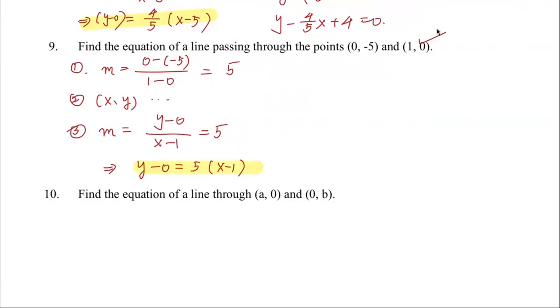And then we move everything to the left. y minus 5 times x minus 1 is equal to 0. We open this, y minus 5x plus 5 is equal to 0. And then we move x to the front, minus 5x plus y plus 5 is equal to 0. Okay, so this is a standard form.